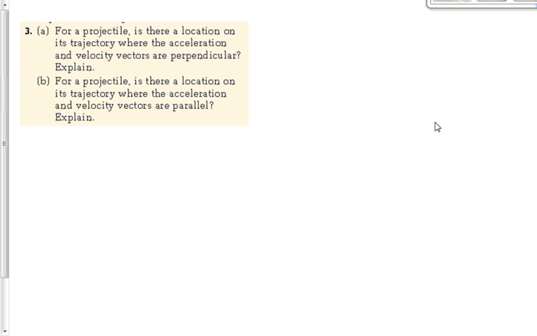At which point along this path here is the acceleration downward? Well, everywhere. At which point is the velocity all horizontal and none vertical? At what point do we have no vertical velocity? At the top, right? What happens when it gets to the top?